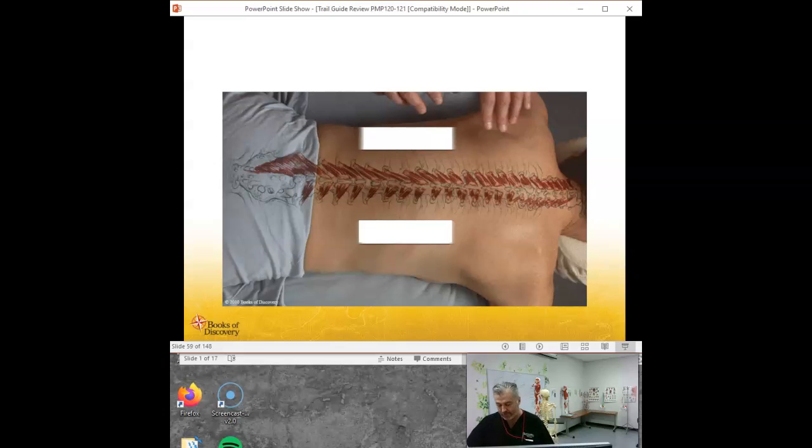What are they from lateral to medial? Iliocostalis, longissimus, and spinalis. Which erector spinae muscle inserts into the mastoid process of the temporal bone? Longissimus. Thank you. It's been a pleasure talking to you. Awesome.